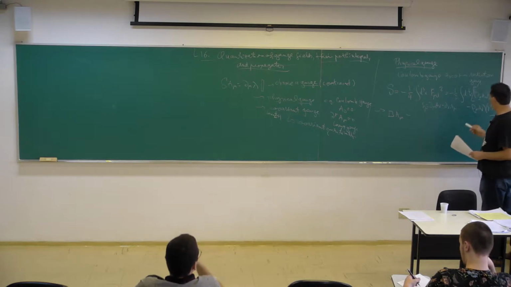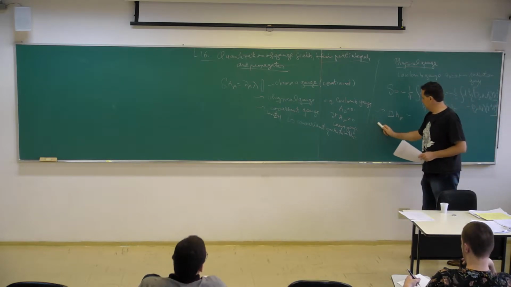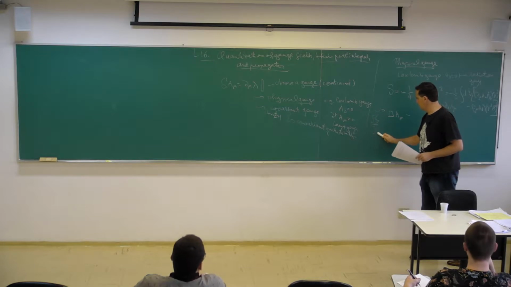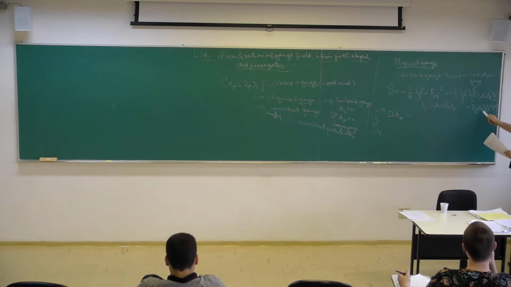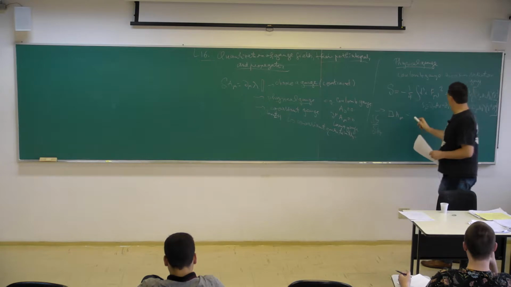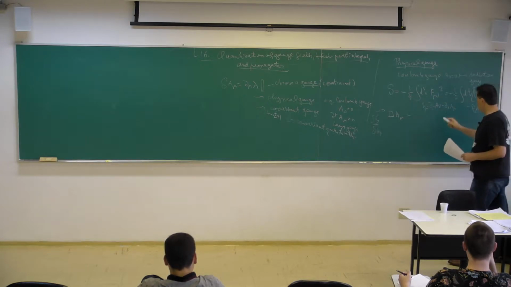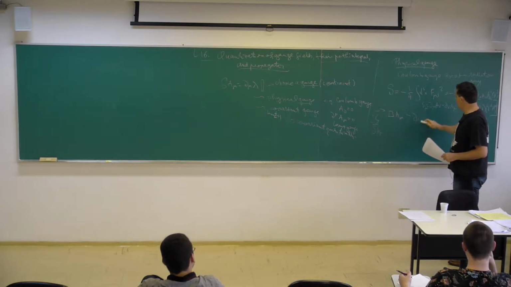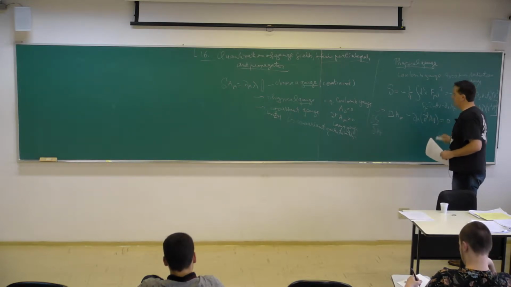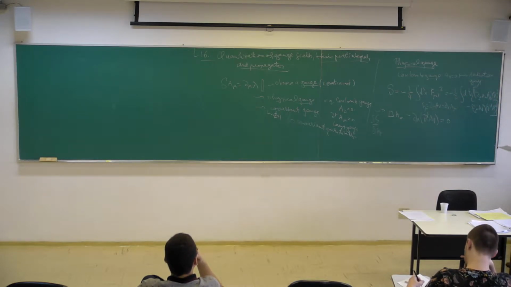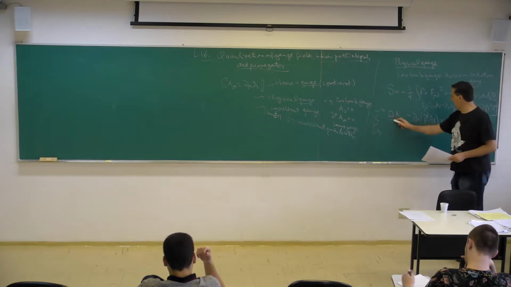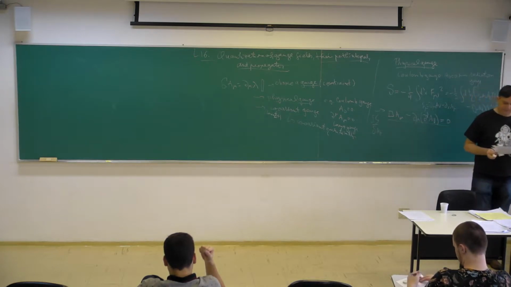So I vary with respect to A mu. So in here I will get then d mu d nu A mu. But I can also commute the order of derivatives and write d nu in front, and here d mu A mu. Right? And as we see, this is somewhat difficult to solve.